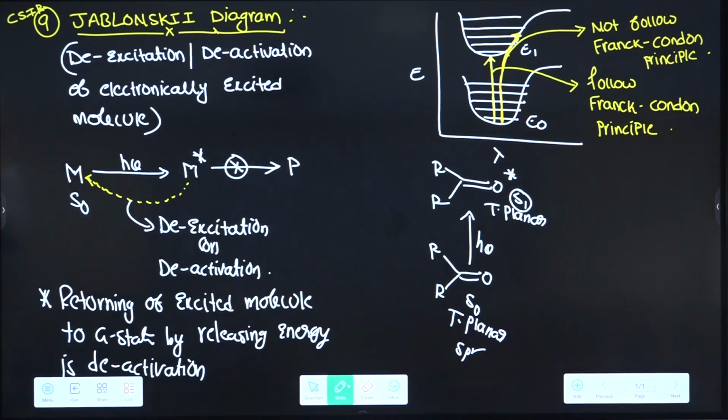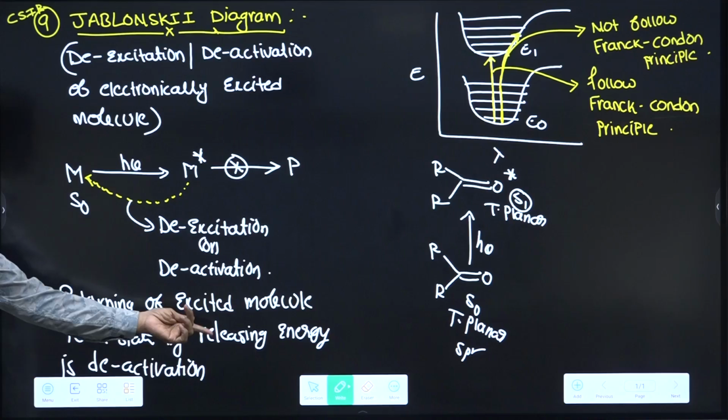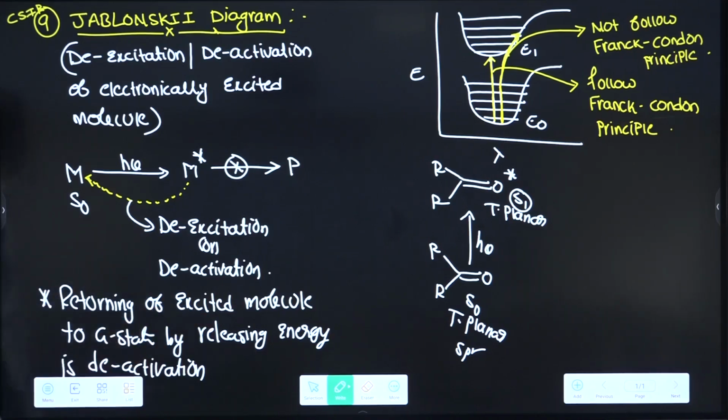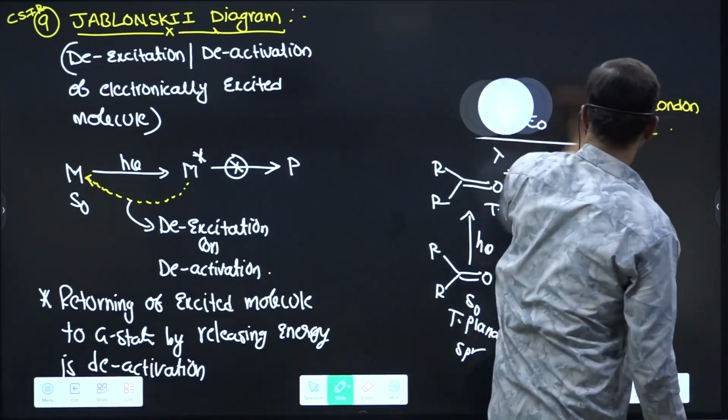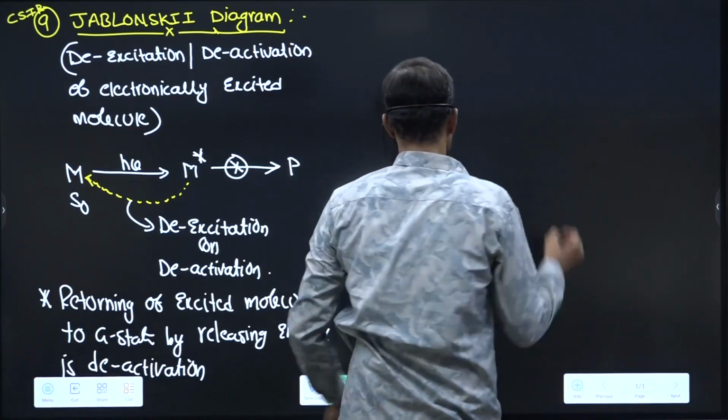Returning means it is coming back to the ground state. Returning of any excited molecule to the ground state by releasing energy or excess energy is nothing but deactivation or de-excitation.